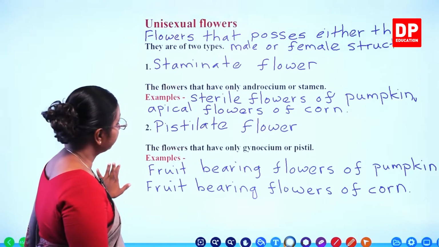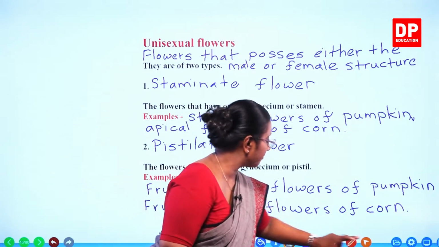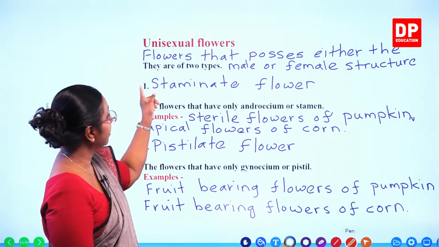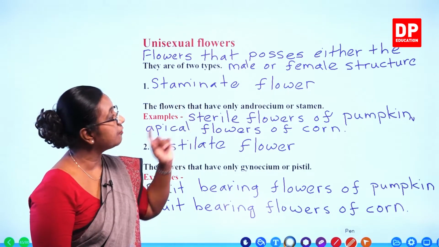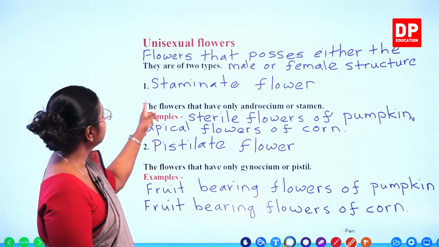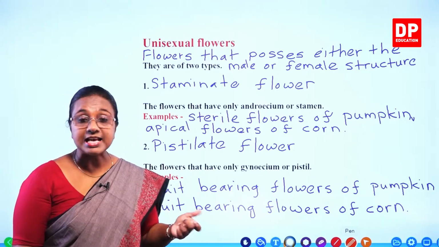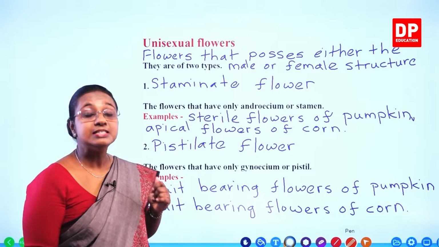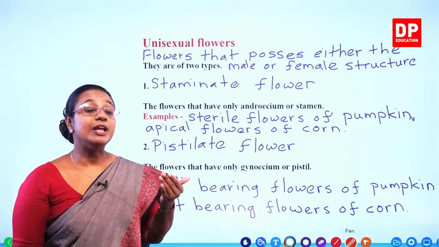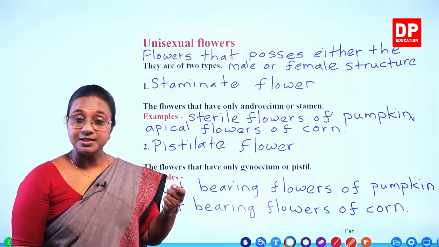So again, if I go through the two types of flowers under unisexual flowers, flowers that possess either the male or female structure. Under that we have two types. The staminate flower has the androecium or the stamen only. That is the male reproductive structure. When we say stamen, what are the parts?